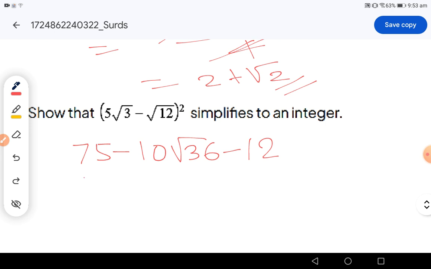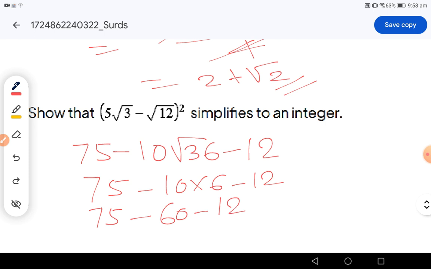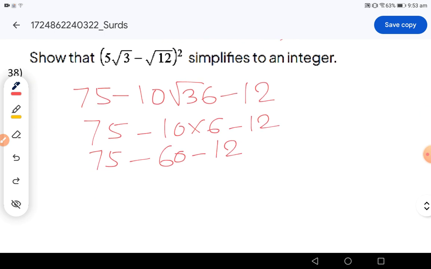So 75 minus 10 into 6, 60, plus 12. So 75 minus 72 is 3, the answer.